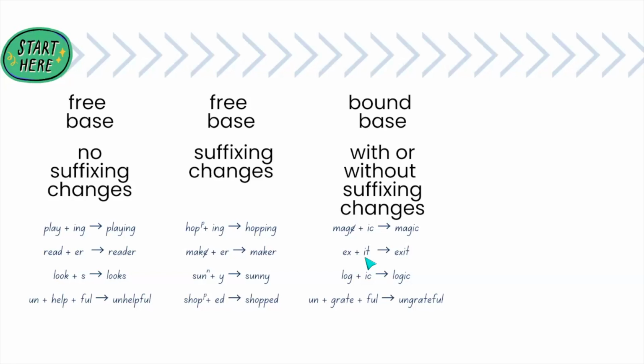And so now, if you didn't know up until about 30 seconds ago that exit was actually an example of a bound base with a prefix attached to it, don't panic. There is nothing wrong with exploring a word that you think is a free base word and talking about what words might be in the word family, and then fast forward however long, realizing that it isn't. There's a bound base in there.